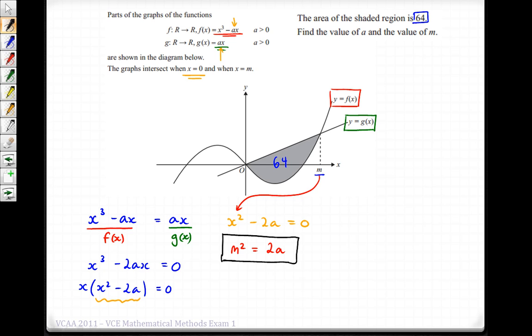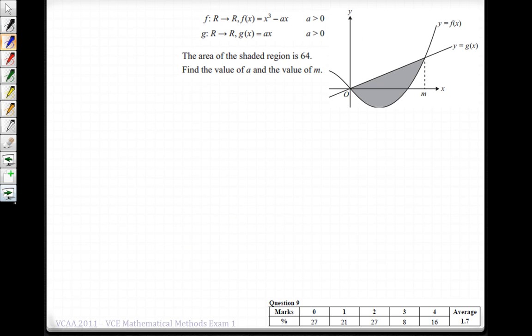So let's see what else we can do with this information about 64 up here. From the previous slide, I'm just going to write it down again. We had that m squared equals 2a. And now we've got that this area here is 64 units.